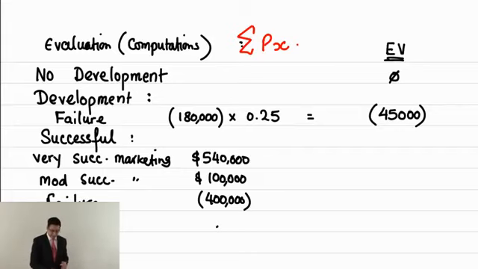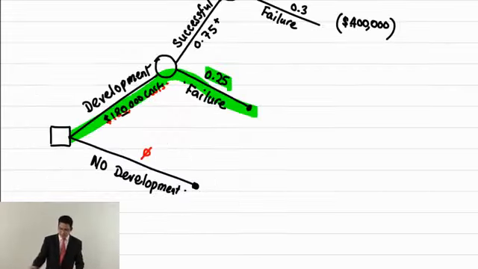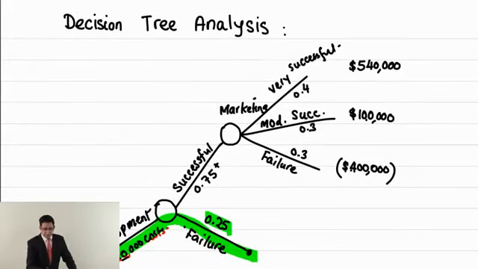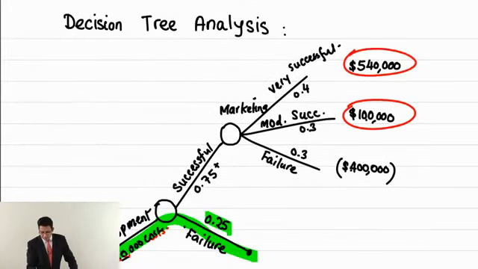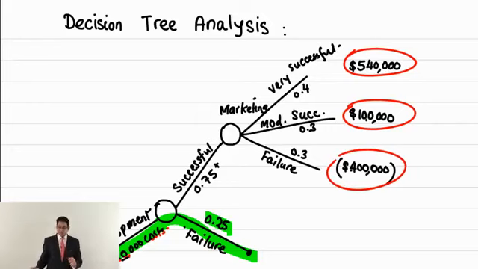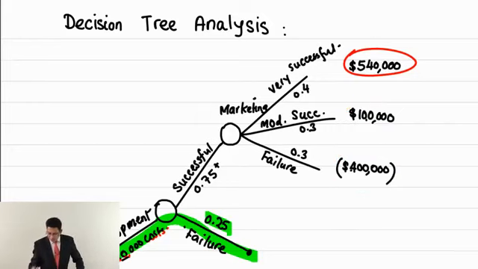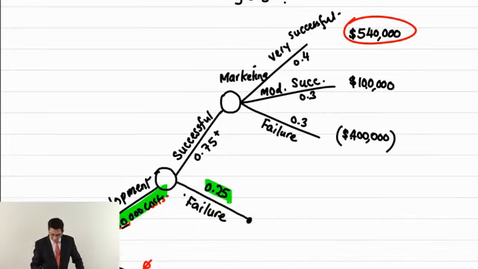Now what you need to do is look at each branch of the decision tree. I copied and pasted the profits and losses. Now what you need to do is this. Please look at one by one. Okay, first of all, look at the first, which is 540,000.